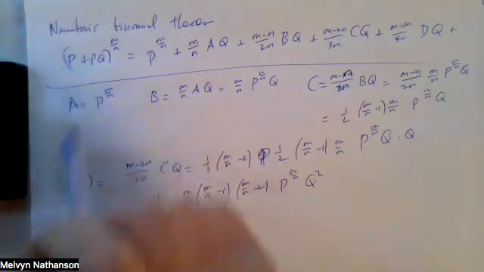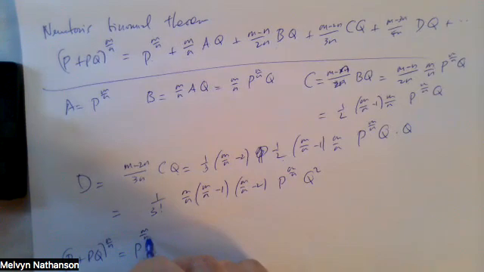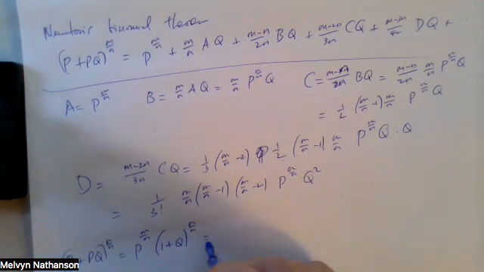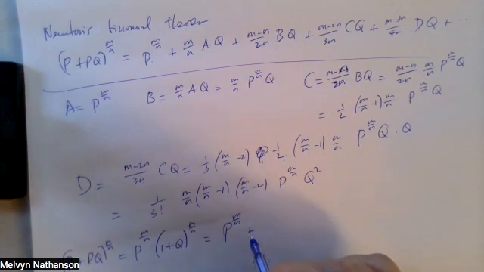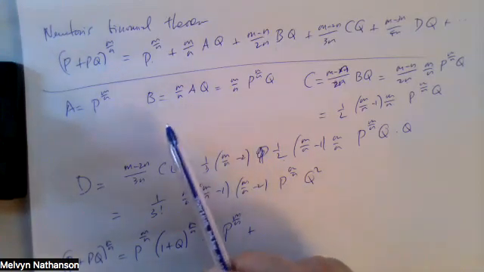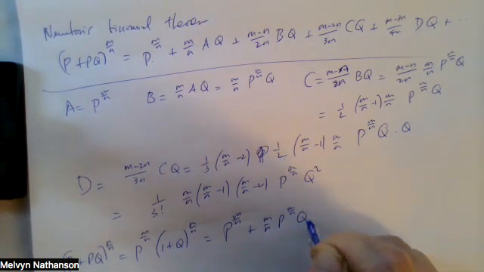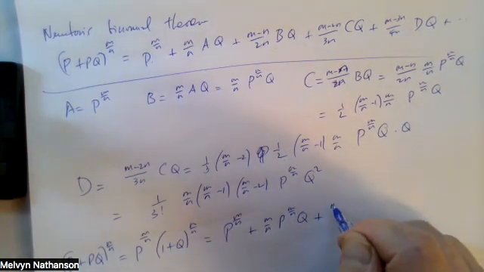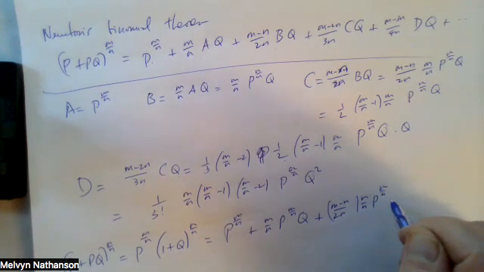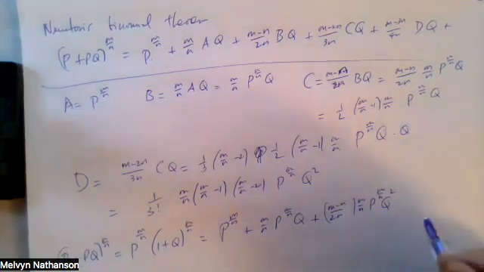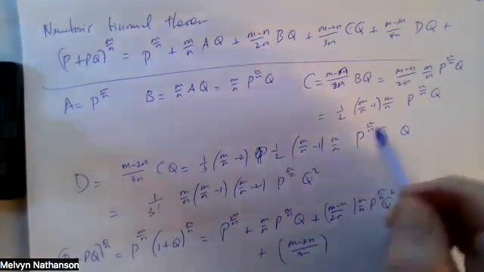So what do I get? I have (P + PQ)^(m/n), which is P^(m/n) times (1 + Q)^(m/n), is equal to A, P^(m/n), plus (m/n) P^(m/n) Q, plus ((m - n)/2n) B, which is (m/n) P^(m/n) Q, times another Q makes that Q squared, plus this term, ((m - 2n)/3n) CQ.